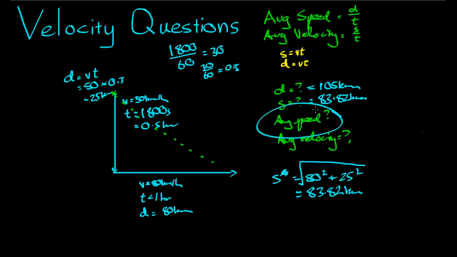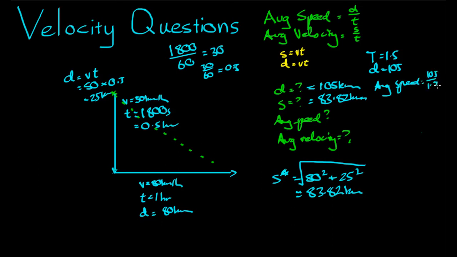So moving on, first we find the average speed. Well, the total time taken is equal to 1.5 hours. The total distance travelled is 105 kilometers. So the average speed again is 105 over 1.5, 70 kilometers per hour. That hasn't changed. However, the average velocity has changed.